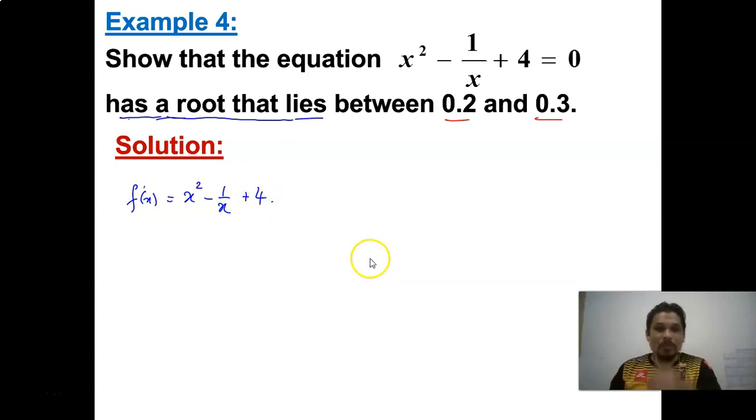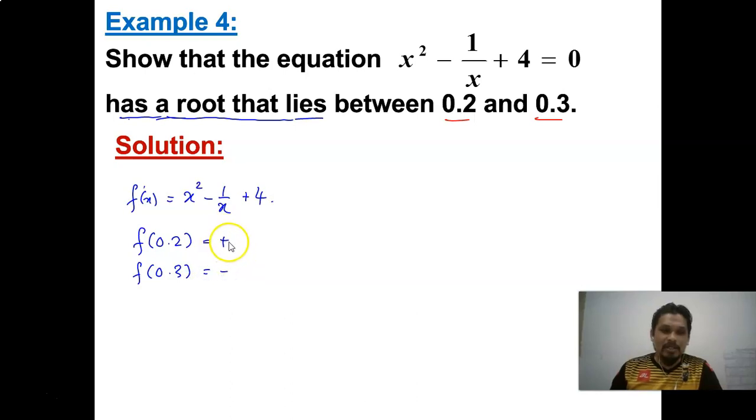Okay, so we are going to test these two values by substituting them into the function f(x). If, let's say, f(0.2) gives us a positive answer and f(0.3) gives us a negative answer, there's a change from positive to negative, or the other way around.